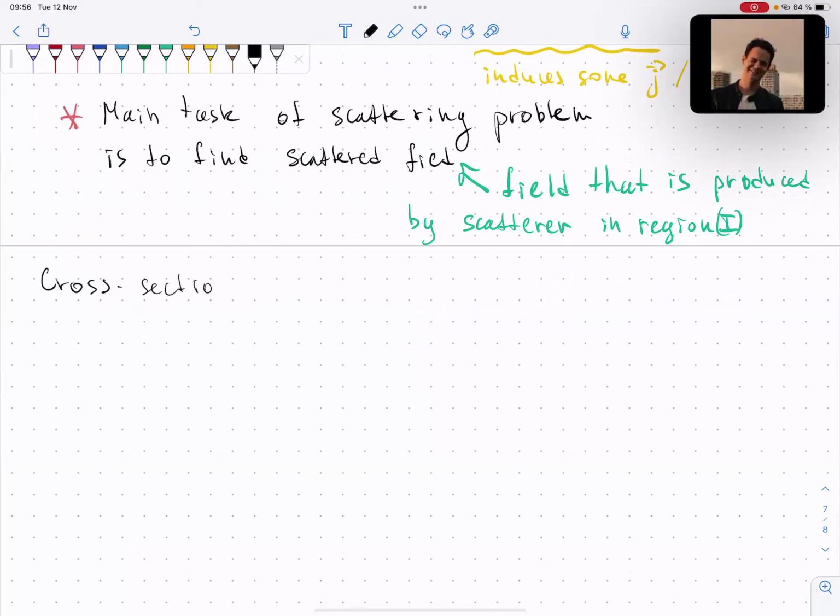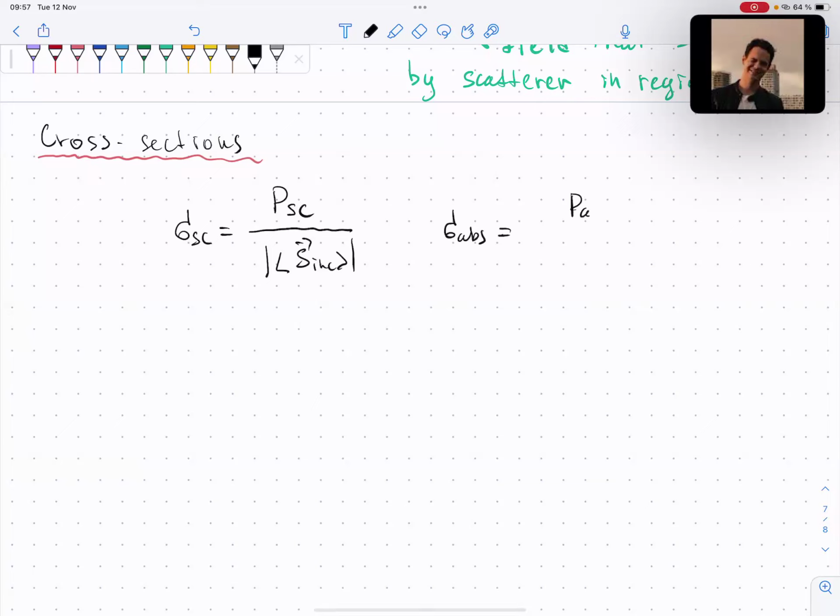And the absorption cross-section is introduced in a similar fashion. This is just the power absorbed by the particle, by our scatterer, divided by the intensity of a plane wave.